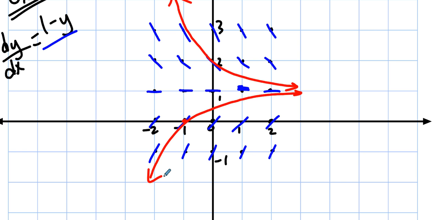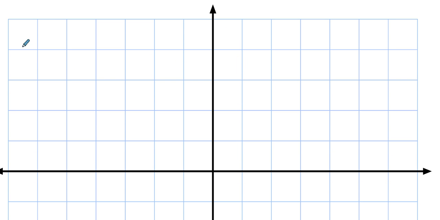So slope fields or direction fields are great for us to get a sense of what the curves look like. They give us a visual that helps us see what solution curves look like. By the way, all of the solution curves to this differential equation are some constant times e to the negative x plus 1. That's just bonus.